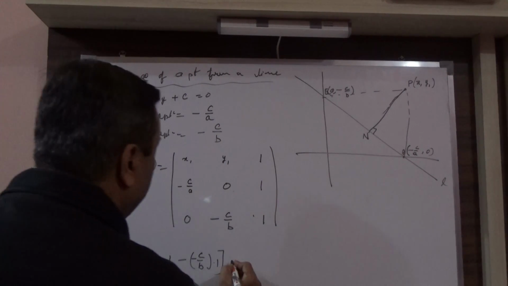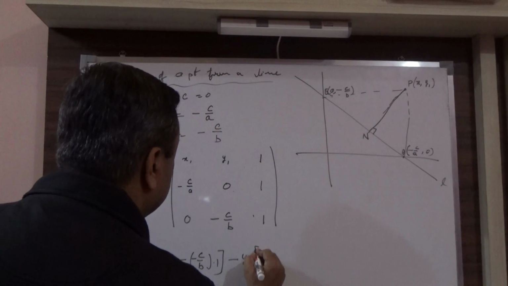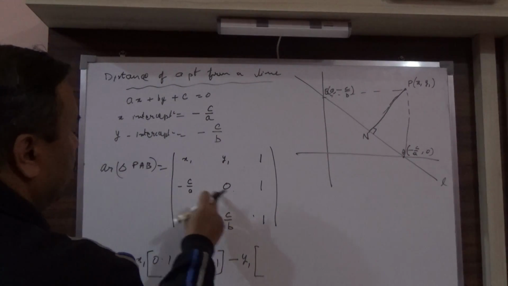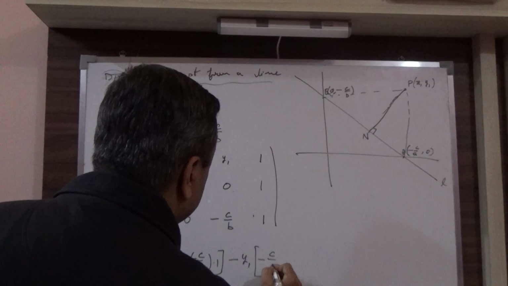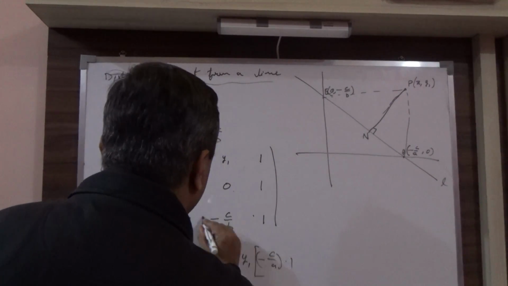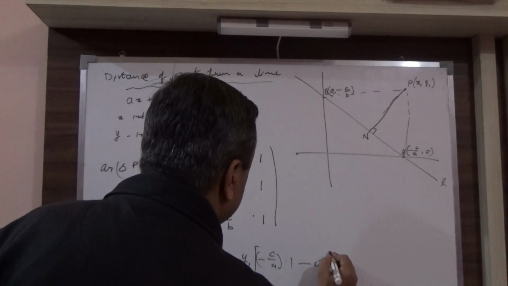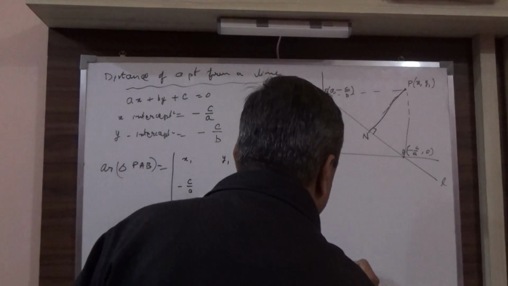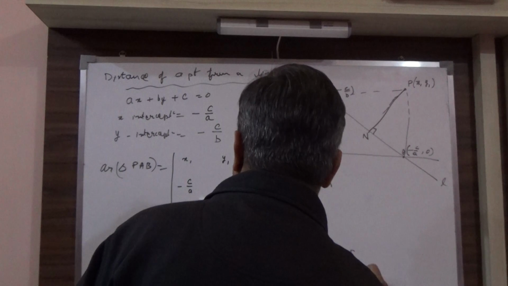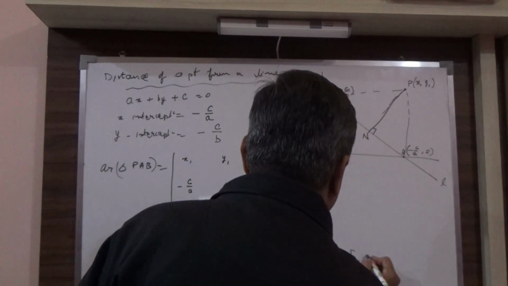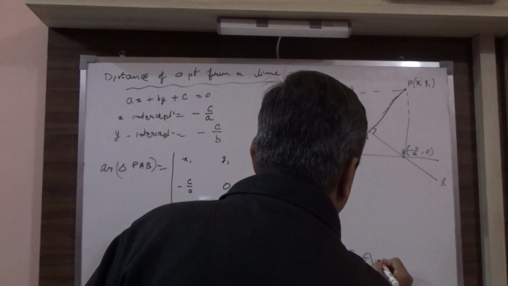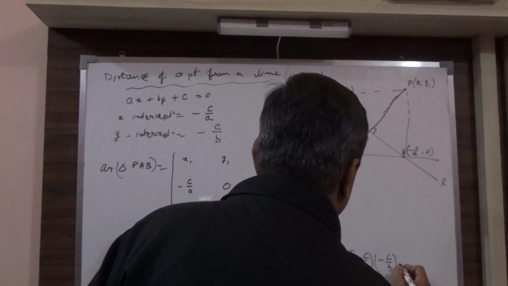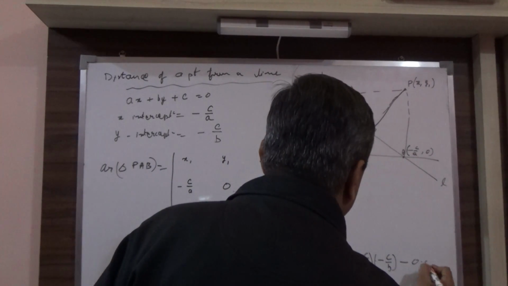Then y1 with a minus sign, minus C by A into 1 minus 0 into 1, then plus 1 times minus C by A into minus C by B minus 0 into 0.